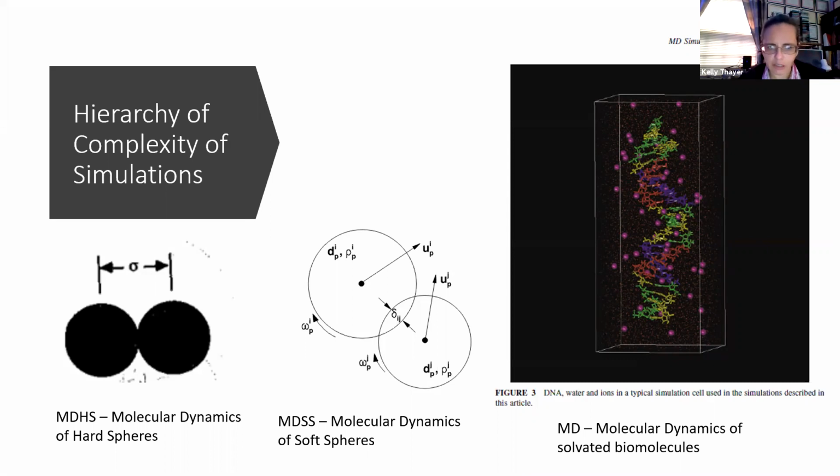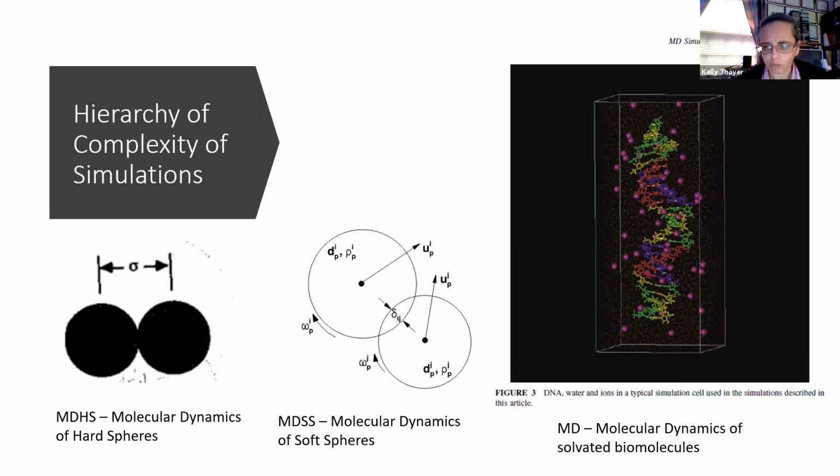So the hierarchy basically goes from studying molecular dynamics of the hard sphere gas particles. The next level of complexity would be to add in what we call the soft spheres. In fact, you have those readings available to you, although they're not actually part of this class. But I would encourage you, if you have time, to take a look at that because it does nicely explain how we would move from hard spheres into doing soft sphere studies of gases.